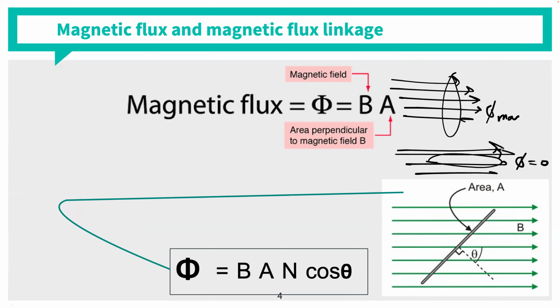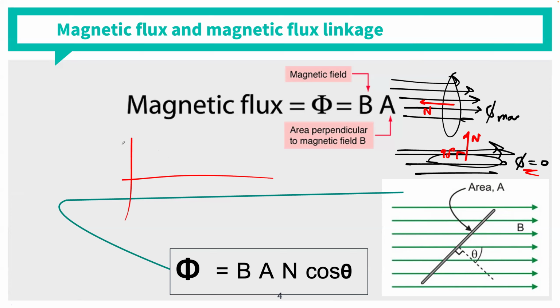So if the angle is zero, the angle is measured with respect to the normal of the coil. You can see if the angle made by the normal is 0 degree or 180 degree, then the flux linkage is said to be maximum. Whereas if the normal of the coil is making 90 degrees to the field lines, then we say flux linkage is zero.